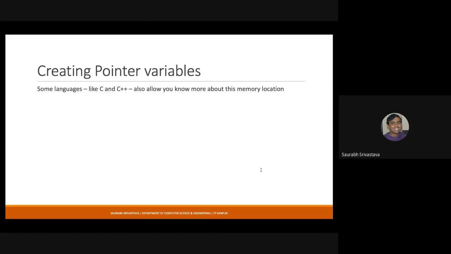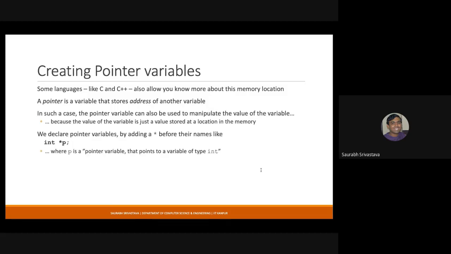Now in C and C++, you also have one more way to access the same location. You can use a pointer variable, which can point to the address of another variable. A pointer variable is just like any other variable: you have to declare it, and you have to have a type associated with it, but you use an asterisk in front of that variable.